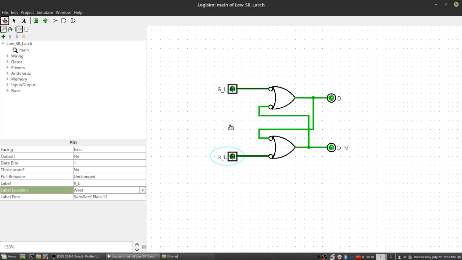Now we know that negative logic says that our zeros basically act like ones in positive logic.